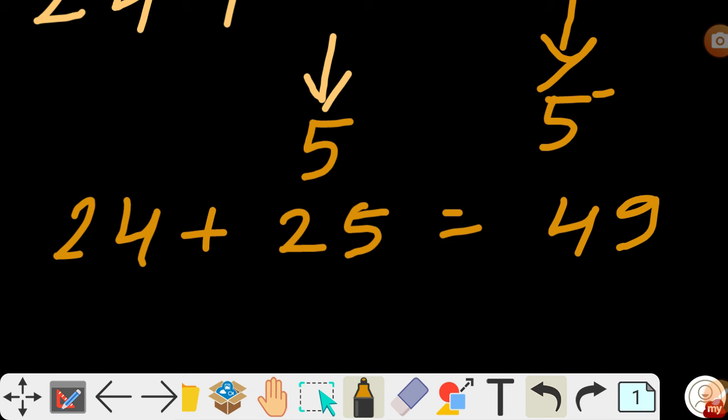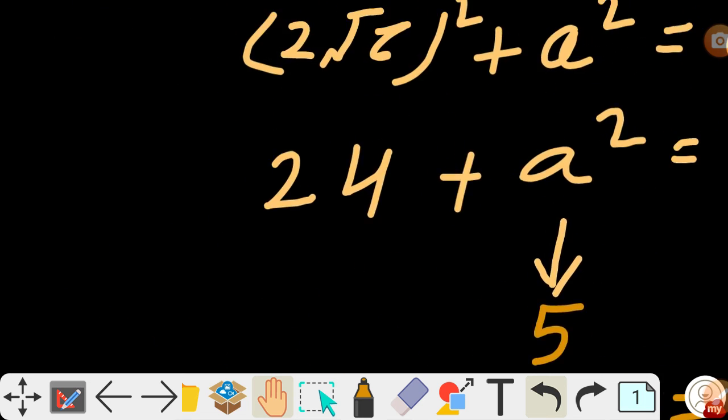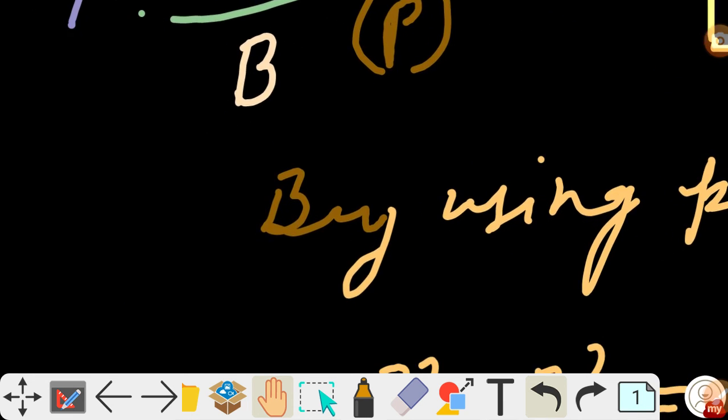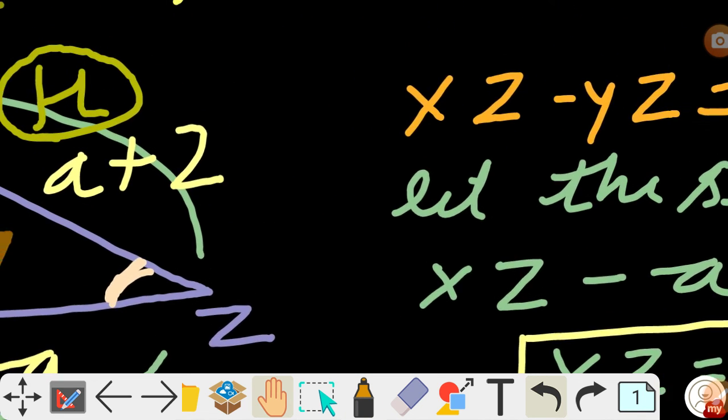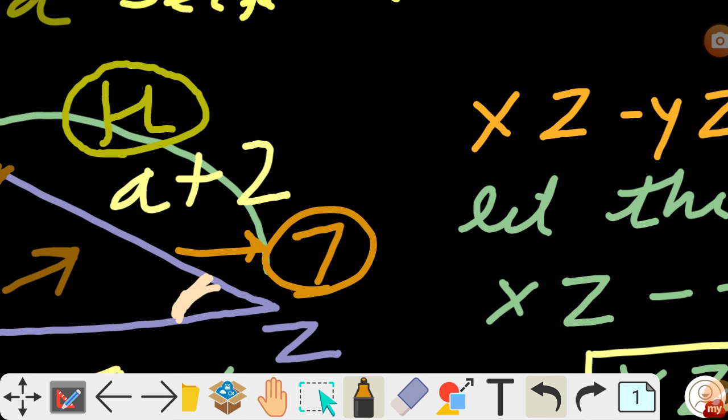This equation is balanced here. It means it satisfied this one. So what is the value of a? Here we have a equal to 5. So the base becomes 5, and the hypotenuse becomes a plus 2, which means 5 plus 2 equal to 7. The hypotenuse becomes 7.